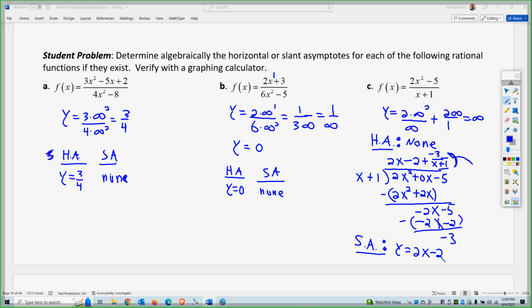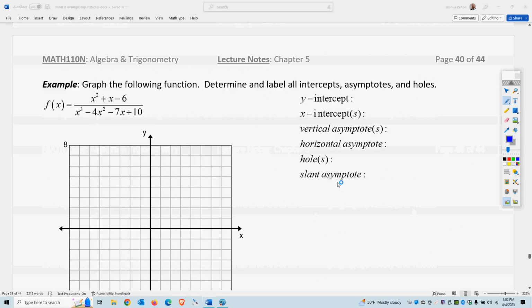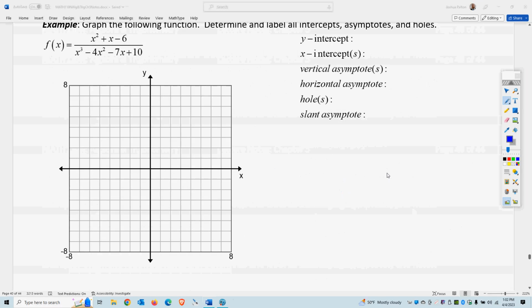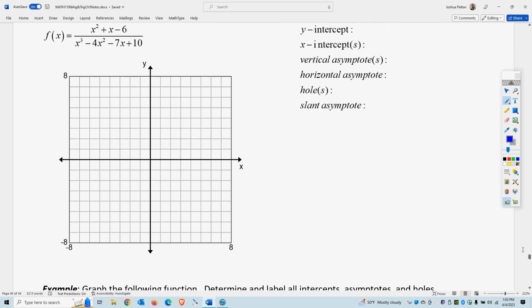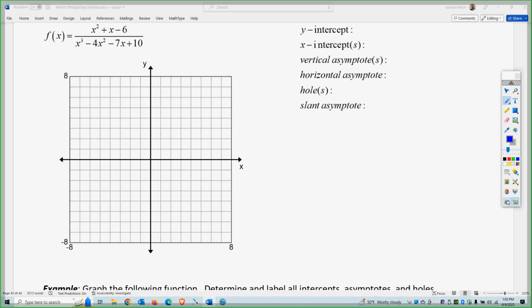Okay, so let's put all these different asymptotes together to be able to graph rational functions. So we take this rational function here. What I notice is that the numerator and the denominator are not the same. The denominator is bigger. So as a result, I'm going to have a horizontal asymptote, correct?